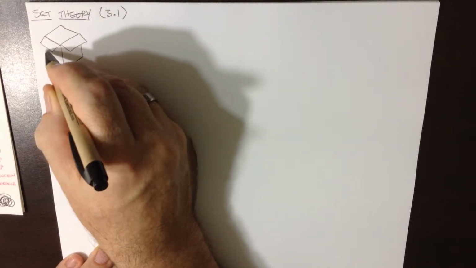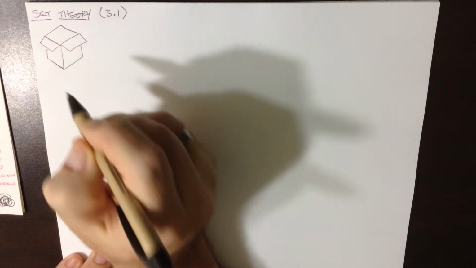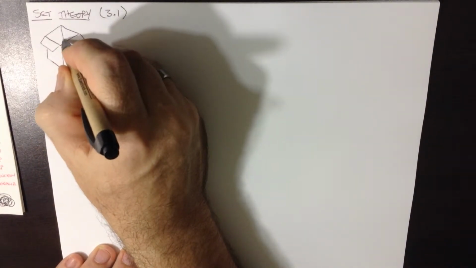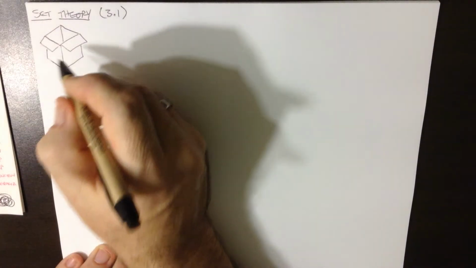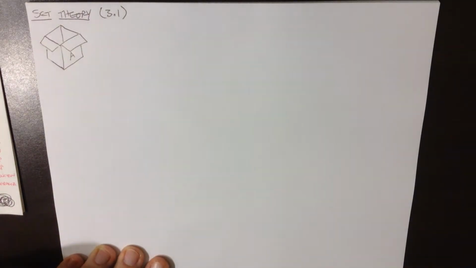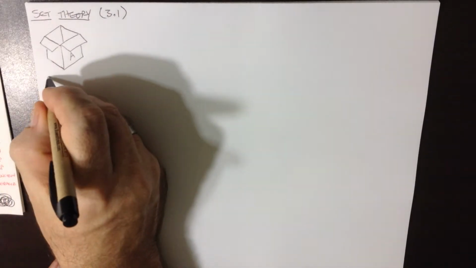When we talk about sets, we're talking about a collection of objects. So in the same way that you put a bunch of junk in a box, it's the box that holds all those things, and you could put a label on the outside of the box. I mean, you could put an A on the outside of the box, and that would be box A. In set theory, we talk about sets, and those sets contain members or elements.